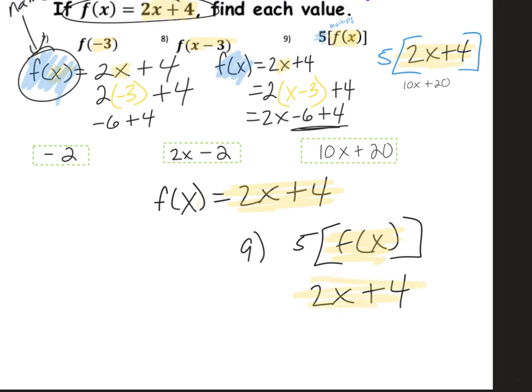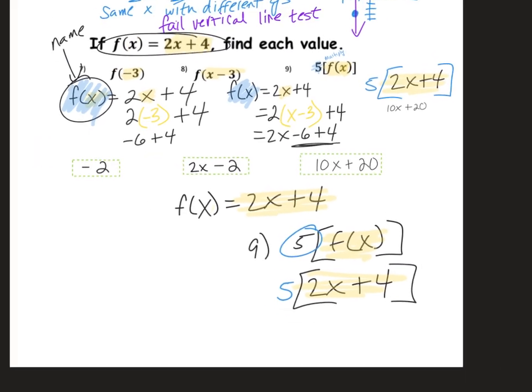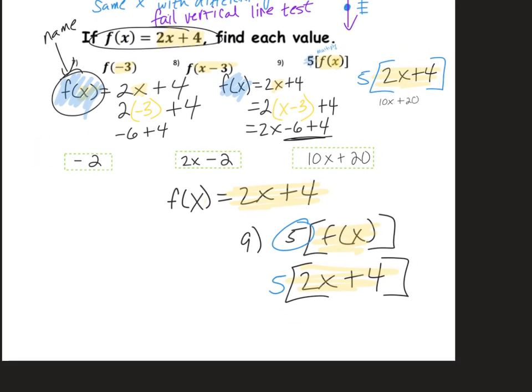But the fact that it's got brackets next to it and that 5 is just sitting next to it, that means you need to take the original problem and you need to multiply it by 5. So you're not substituting anything in there because they didn't give you a number to substitute. They just put a 5 next to it, which means they just want you to take it and multiply everything by 5. So that'll be 10x plus 20, just using plain old distributive property.